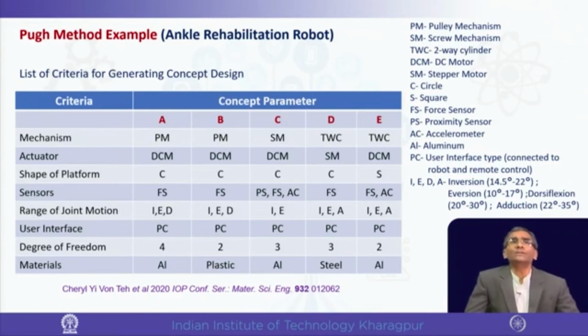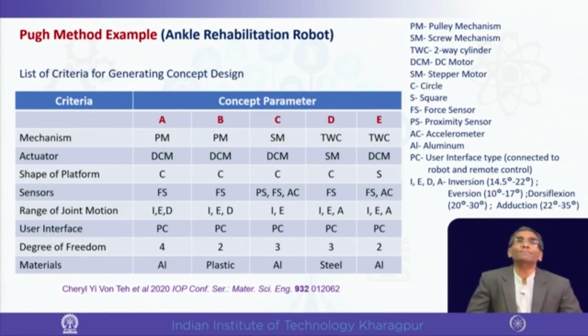And the criteria chosen here, you can see, are the mechanism, the actuator, the shape of the platform, as I was saying, whether it is circular or square, and the sensors, whether it is a force sensor, or an accelerometer, or a proximity sensor, or whatever it is. Those are listed under each concept.